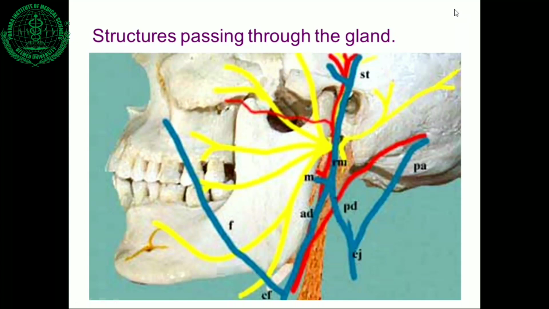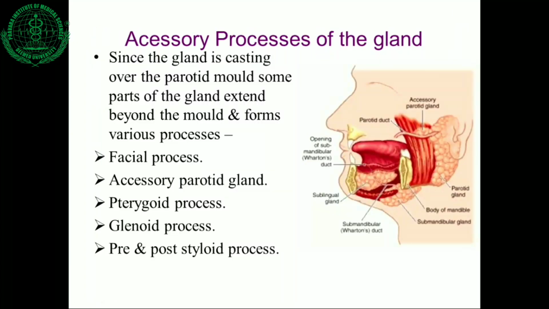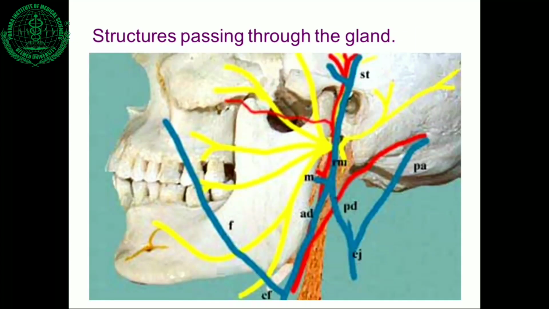Then the pterygoid process, the glenoid process, and the pre- and post-styloid processes, which lie adjacent to the styloid process of the body.